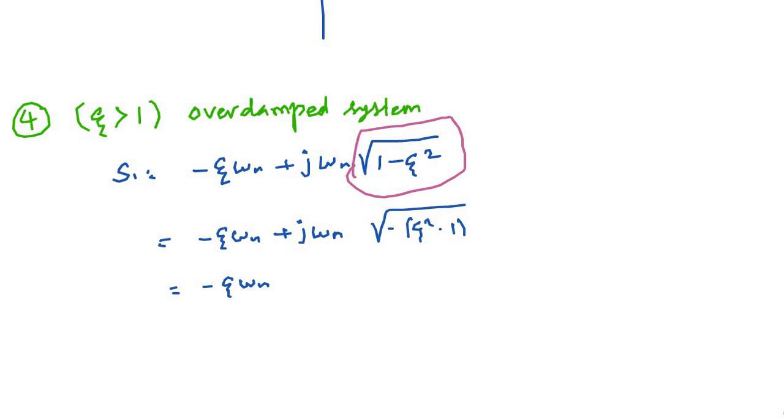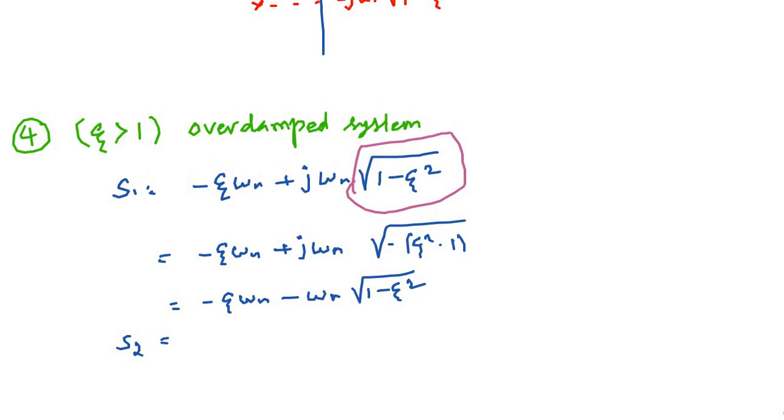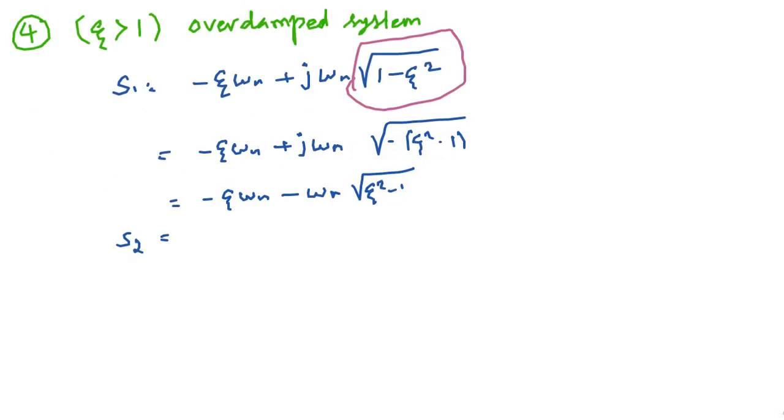This becomes j, so j you take outside. j into j is minus 1. So minus omega n into square root of zeta square minus 1 you can write down. So both are negative numbers. This is also negative and this is also negative. So the whole value is positive, but the minus sign is there outside.